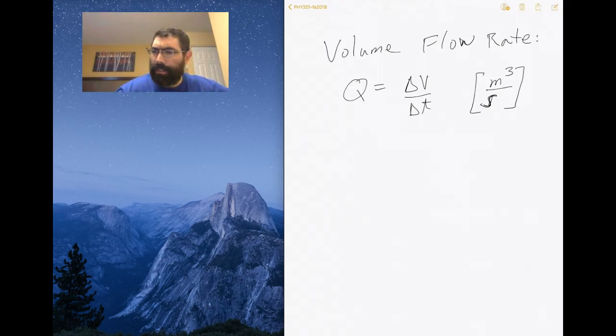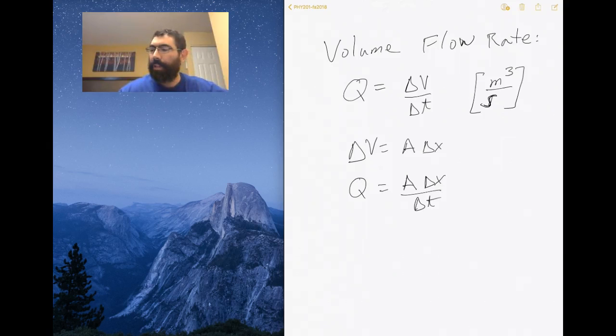And if I go back and look at my definition of the volume, it was the area times the length. And so Q I could write as area times the length divided by the time, and delta x over delta t is the velocity.